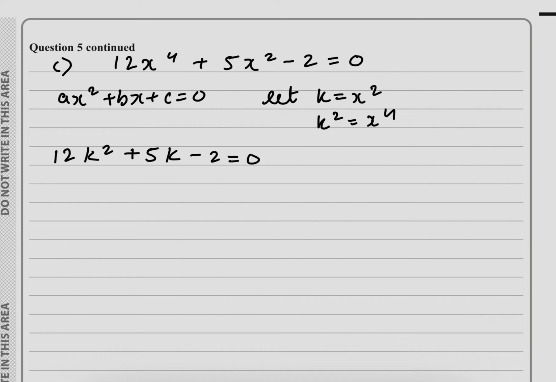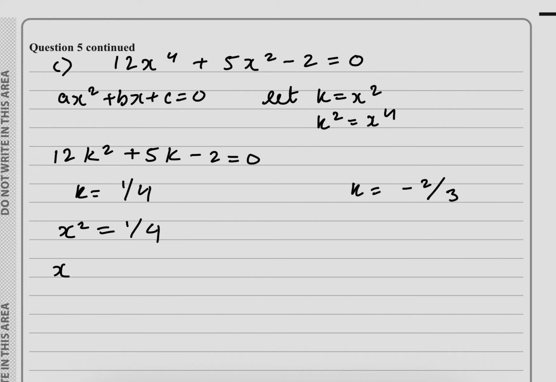And you just use your calculator to solve that quadratic equation. 12, 5, minus 2. So you get k is equal to 1 by 4, and k is also equal to minus 2 by 3. So we're solving for our x, so x squared is equal to 1 by 4.